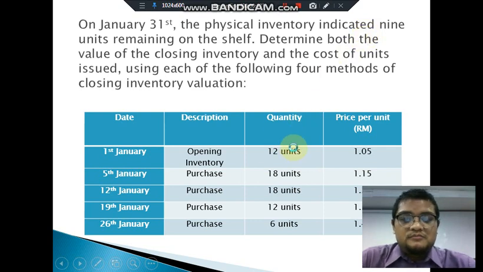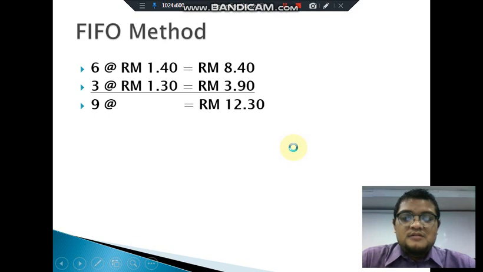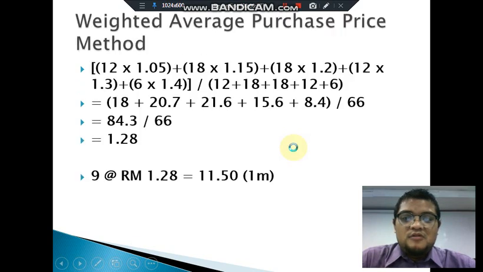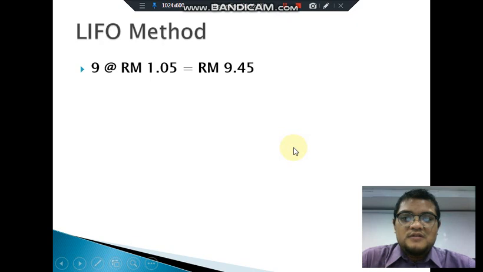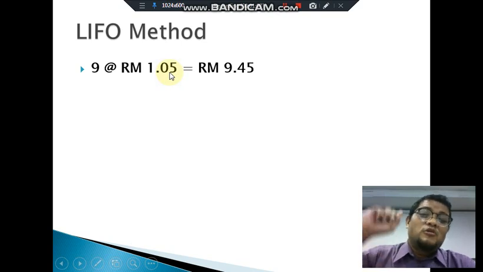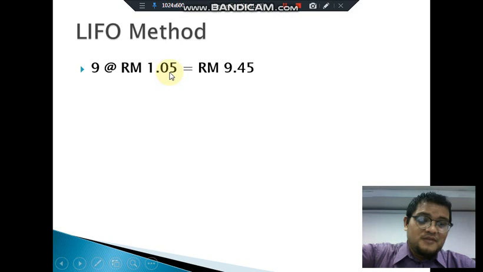So you see how they calculate last in first out? Simply by the 9 remaining on the shelf times 1 ringgit and 5 cent, the first price of the month. Because when you use LIFO, whatever is remaining is the old one.